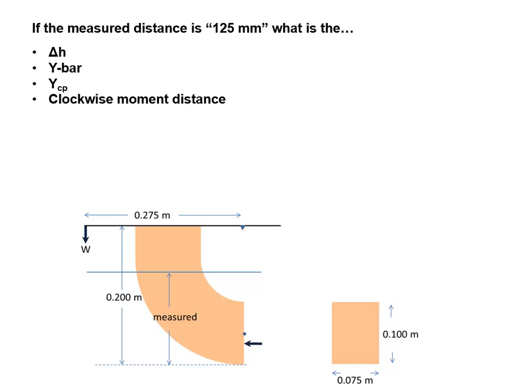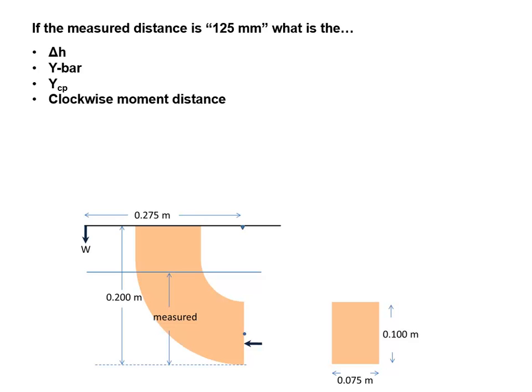So if the measured depth is 125 millimeters, then that means it's going to be 0.025 meters from this edge to the water surface, and then 0.075 meters from there up to the top edge.